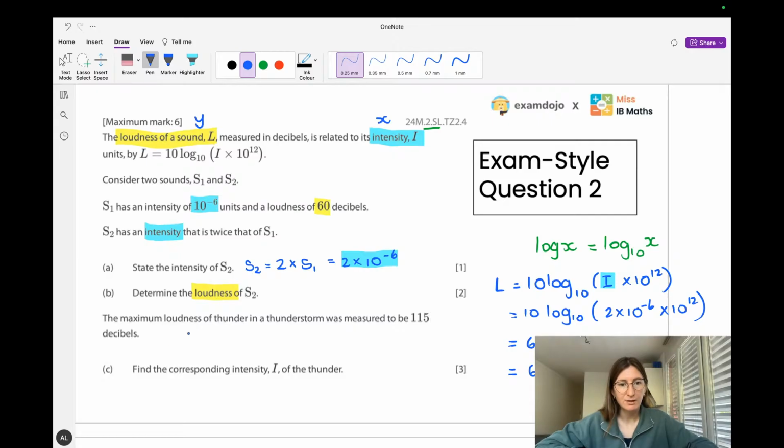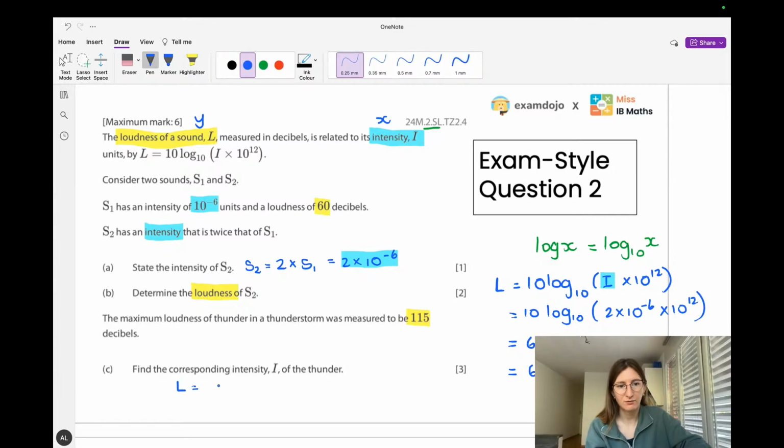The maximum loudness of thunder in a thunderstorm was measured to be 115 decibels. So loudness, which variable was that? Loudness was my Y. Where's my yellow? Loudness was 115. So that's my output. So I'm going to have to work backwards.